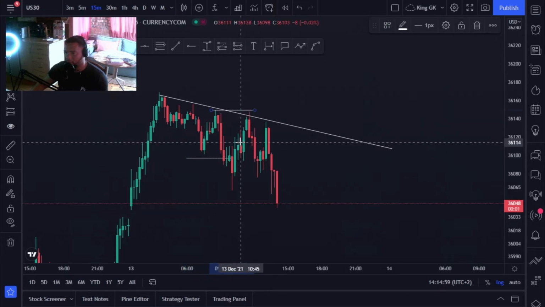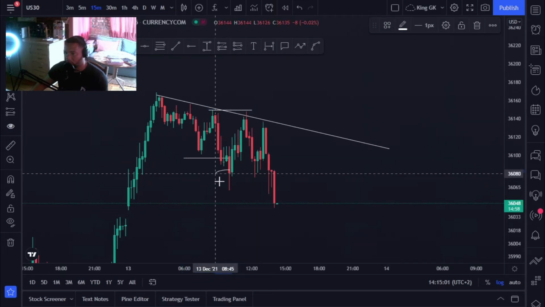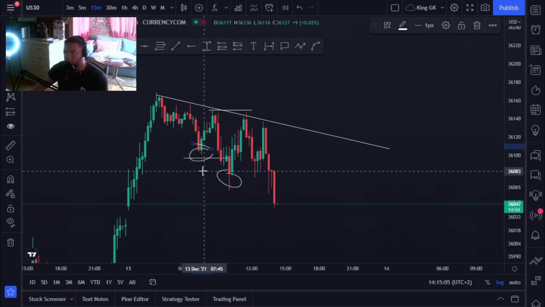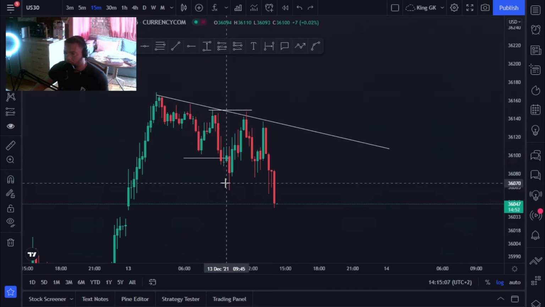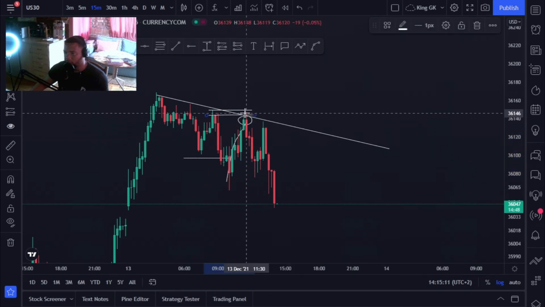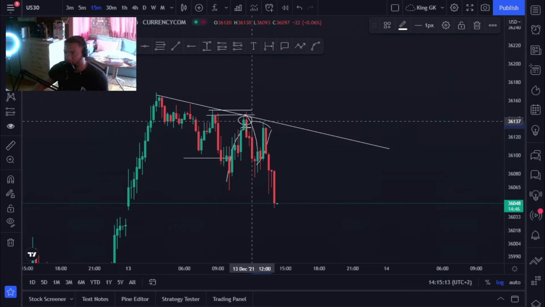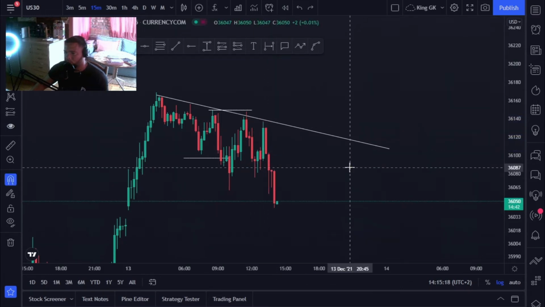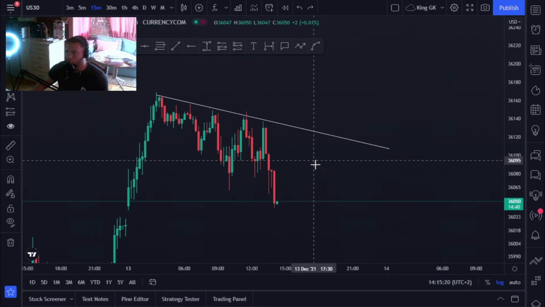There we can see that price did create this lower high point. There we can see that price did break under this previous structure point and did create this form of a new lower low. There we can see that price ran back to take out this liquidity. Price retraced back, another retracement. There we can see that we have this candle confirmation for continuation to the downside.